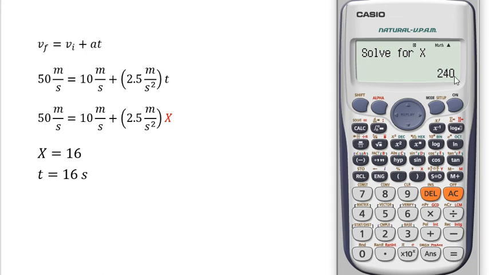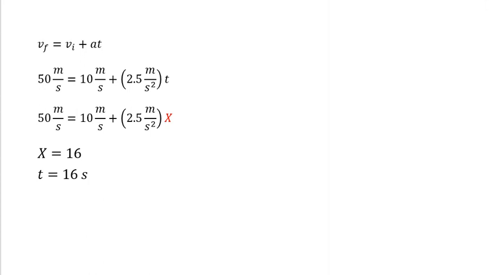Click, this was the previous answer. This is not your answer yet. Click on the equal to generate your answer. X is equal to 16. Okay, x is equal to 16. Going to the next equation.